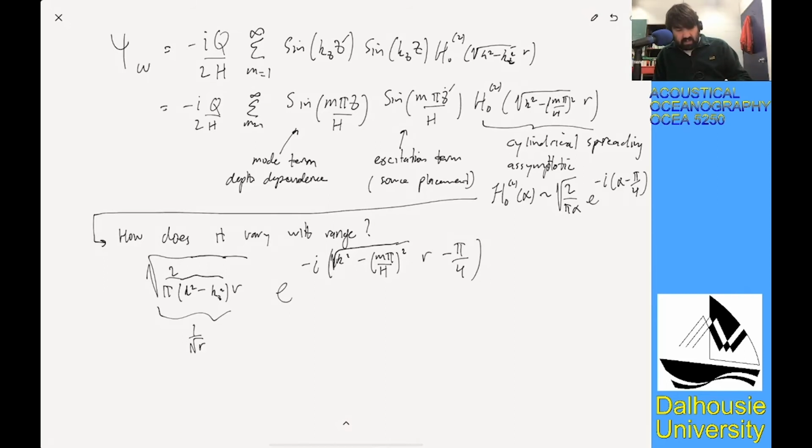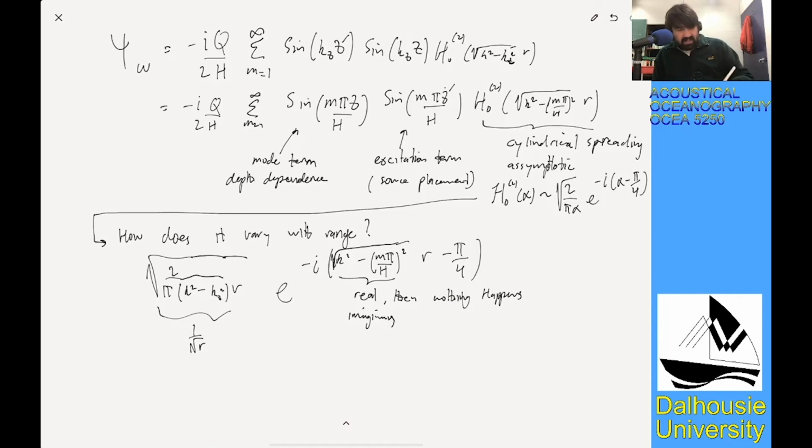So if this argument, square root, is real, then nothing happens. And you can just ignore this term. But if it's imaginary, well, then you get an i that comes out of it, and you get exponential decay, right?